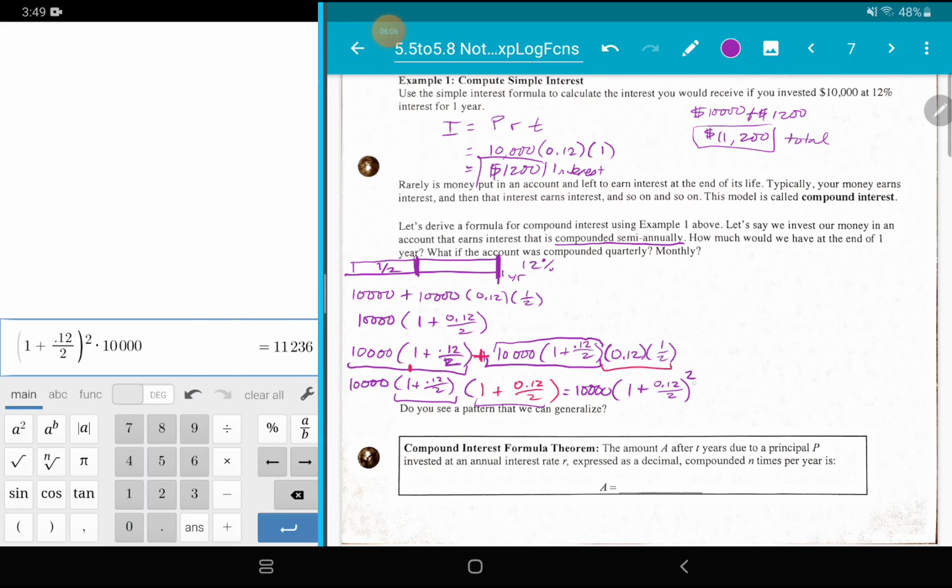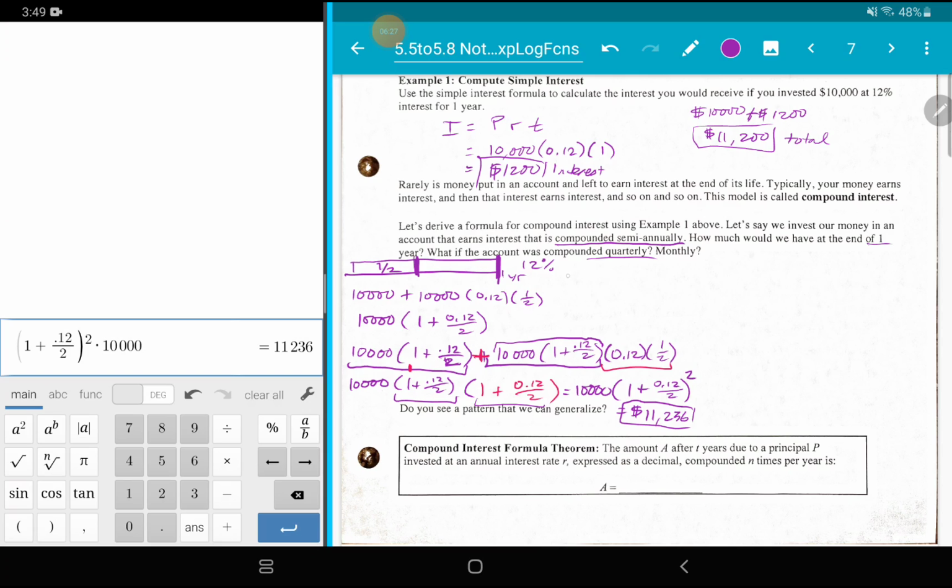And now we see that the amount we have at the end of a year compounded semi-annually is $11,236, like that. Okay? All right, how much would we have at the end of 1 year? We found that. What if the account was compounded quarterly?